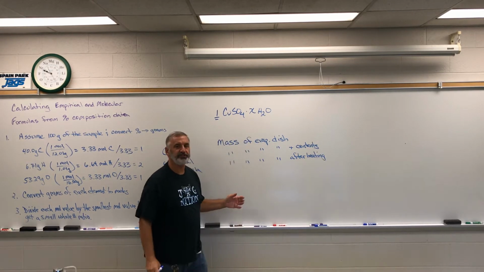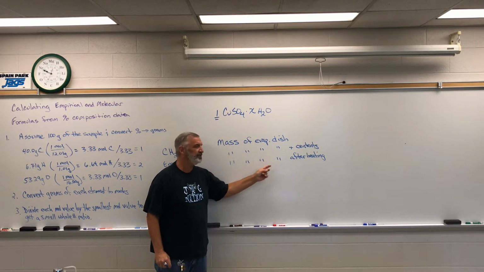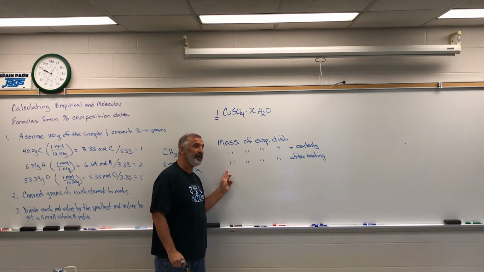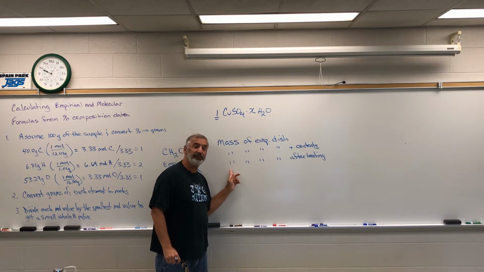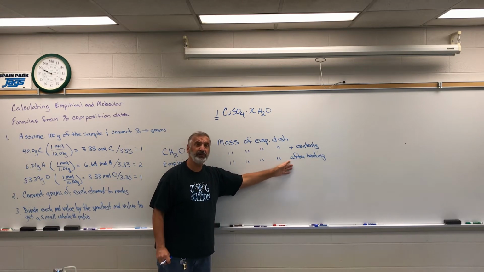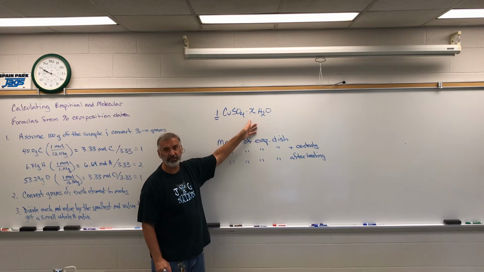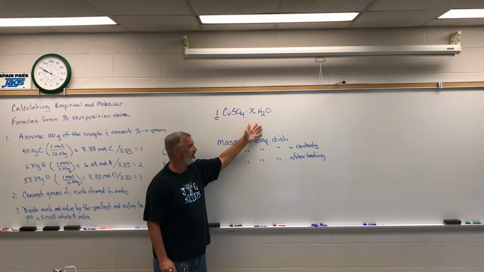Now again, for those full-time virtuals, we heated to a constant mass. We heated it for 10 minutes, let it cool, heated it for another 2 minutes, let it cool, and waited again. These two masses needed to be really close to one another. That's the only way we know that all the water has been eliminated.